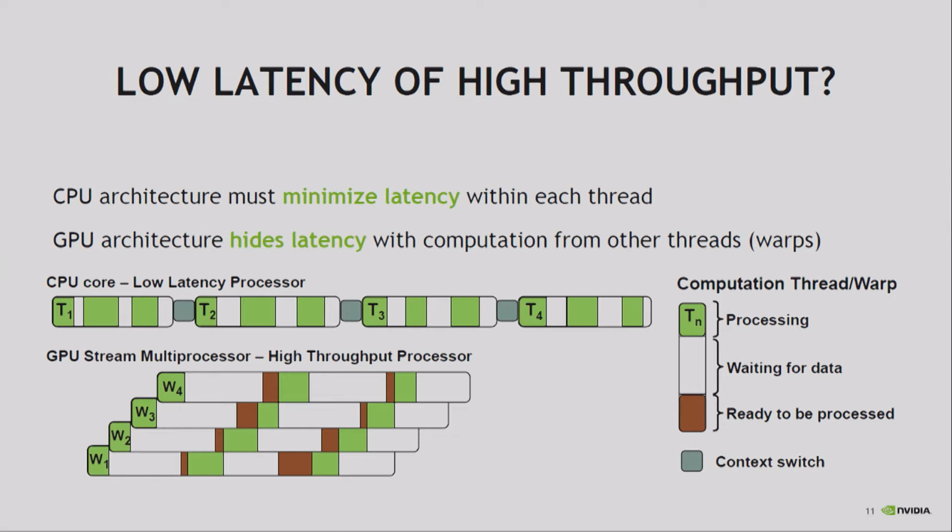By the time warp 4 arrives, we can switch back to warp 1 and continue. So the context switch is pretty much free on the GPU, and we achieve good efficiency by hiding these latencies. This is the very fundamental idea behind how GPUs can achieve good performance.